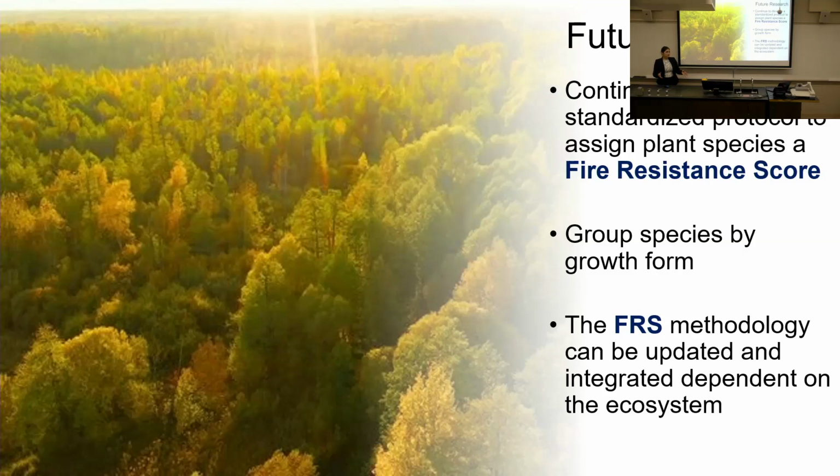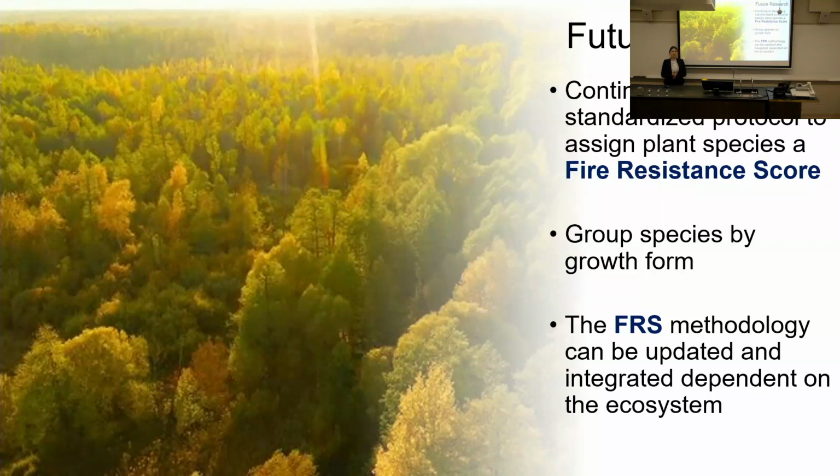And then lastly, the fire resistance score methodology can be updated and integrated, depending on the ecosystem that you're conducting your research in. So you can add in traits, take out traits, and kind of make this applicable to different areas. Another application would be doing this at a smaller scale.